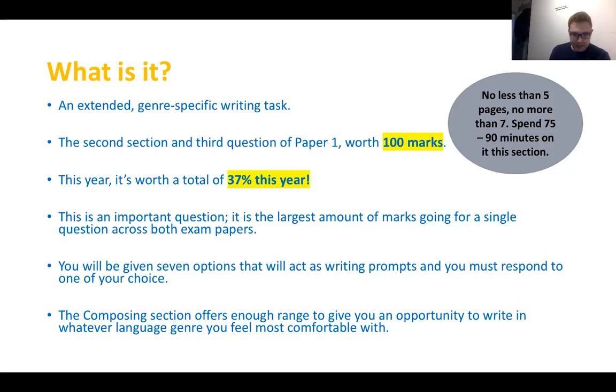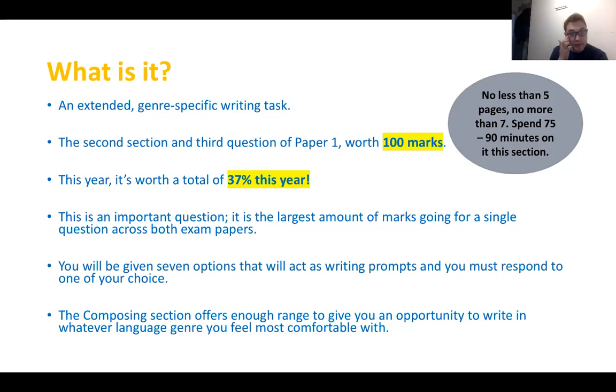Now this year in particular, the reason we're focusing on the composing section in this session is because of the disruptions with the pandemic. There have been amendments, as I'm sure you are aware. The composing section for the class of 2021 sitting higher level English is going to be worth 37% of the overall grade you can achieve in this subject.